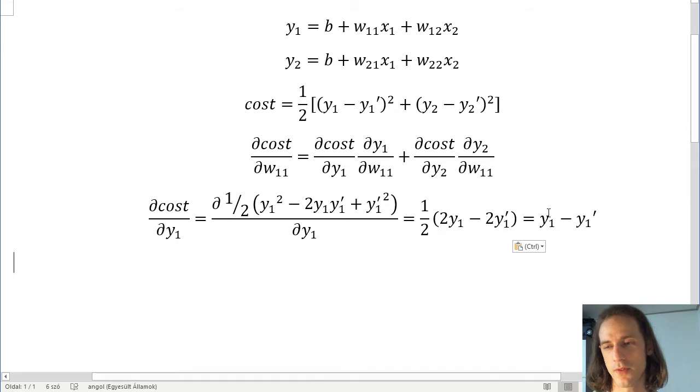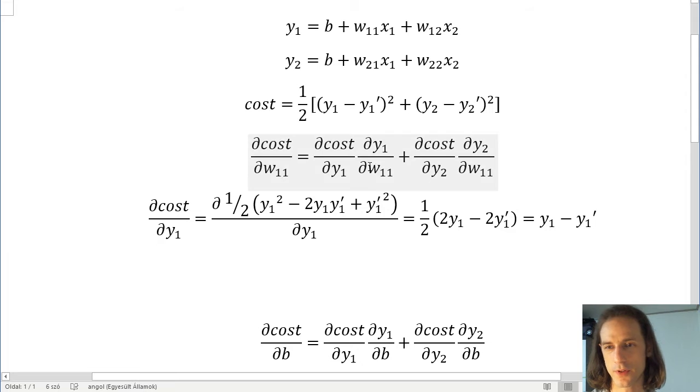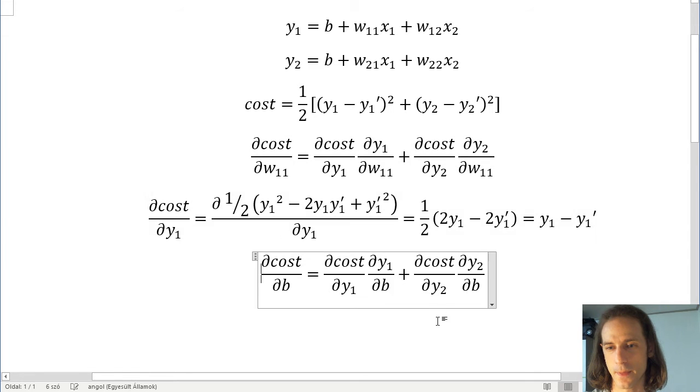So we'll get the derivative. This is the cost function derived by y1. So this part here will be multiplied by y1 differentiated with respect to w11.